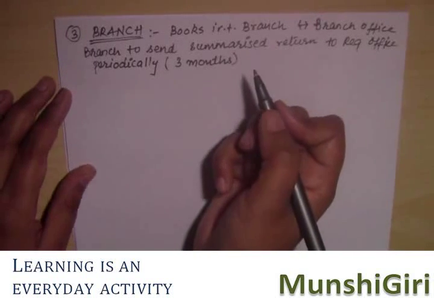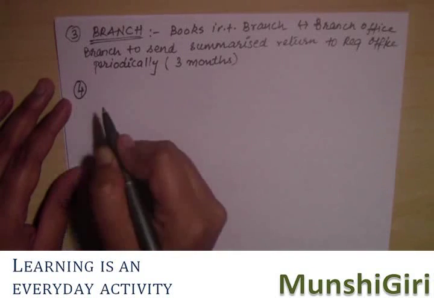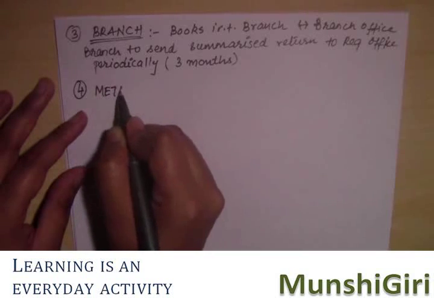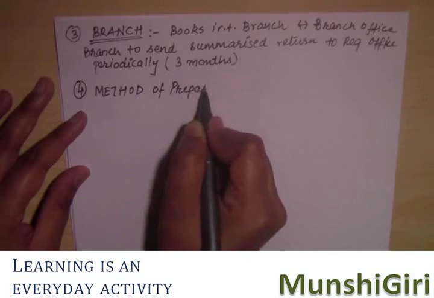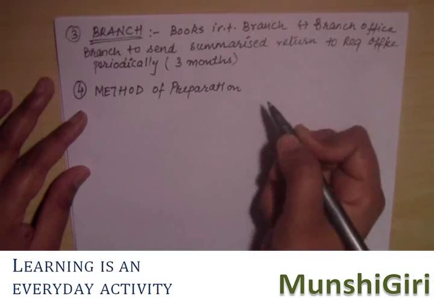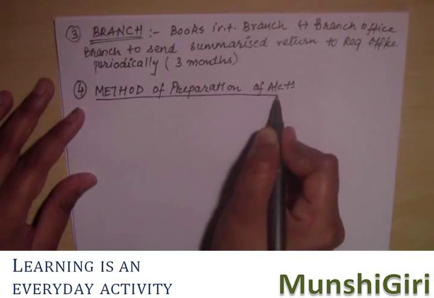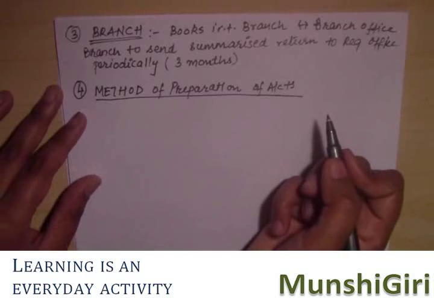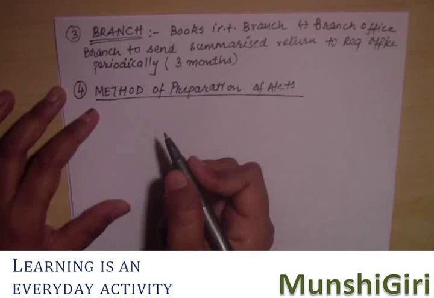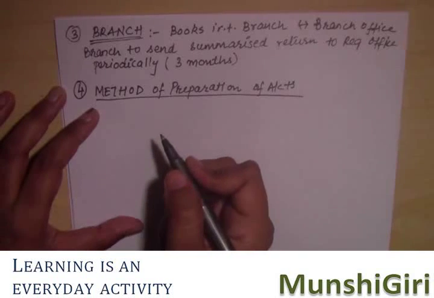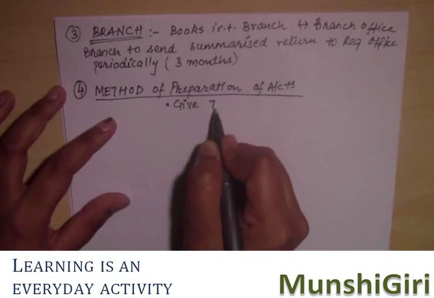Now comes the method of preparation of the books of accounts. This fourth point states that the books of accounts must give a true and fair view of the affairs of the company, including the branch office. The first point is to give a true and fair view.